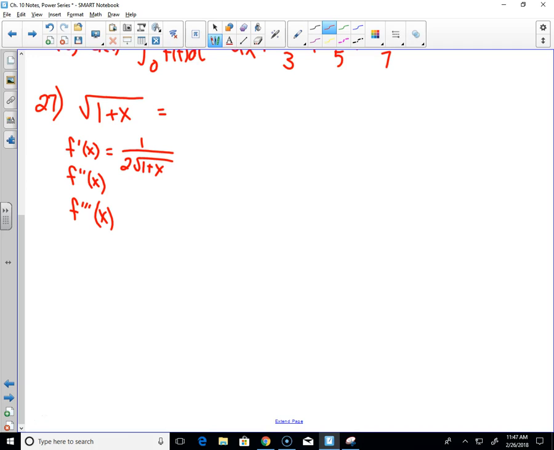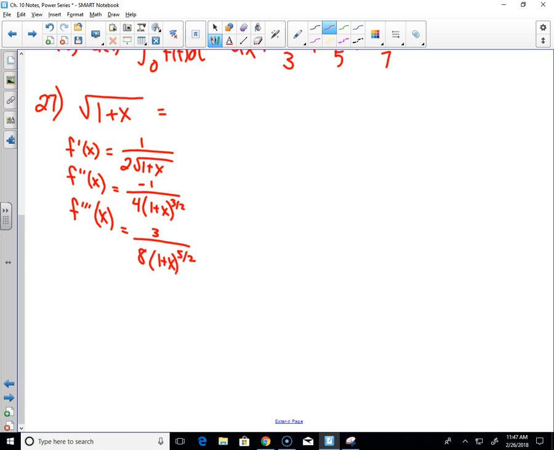Whew, that's nice, right? And I have a negative 1/2, which would be negative 1/4. 3/2, good. Bring down the negative 3/2, which would be positive 3/8, right? 3/8. Yeah. 1 plus x to the 5/2. Are we okay?